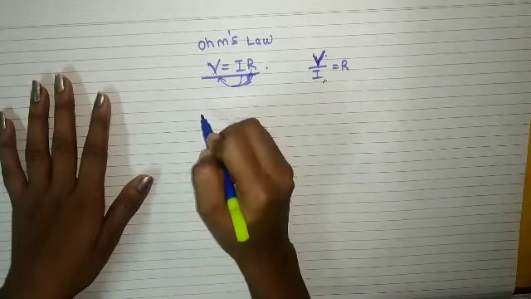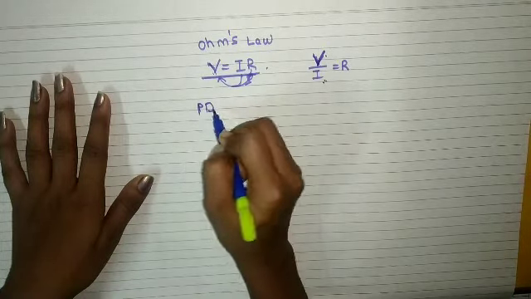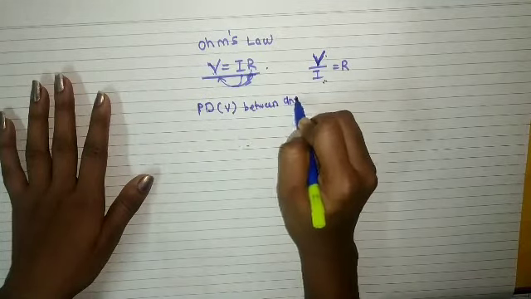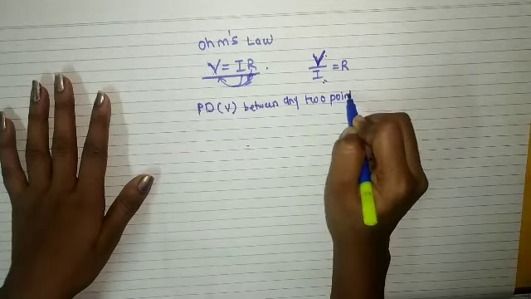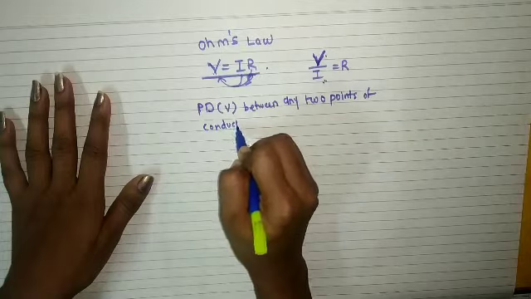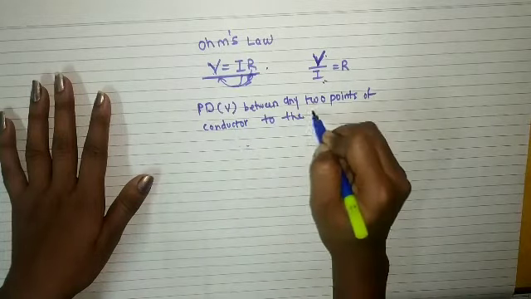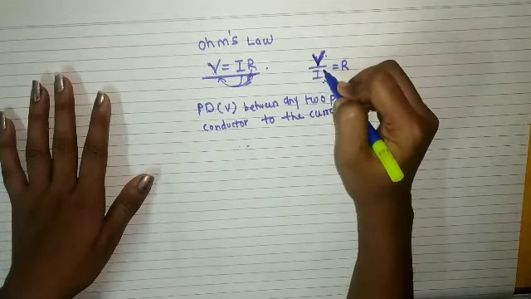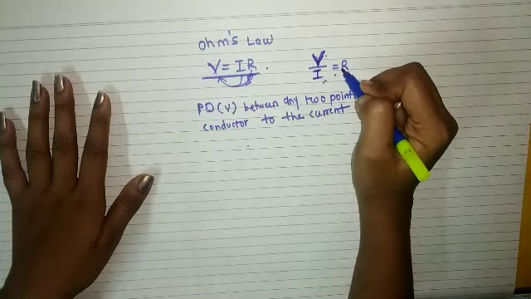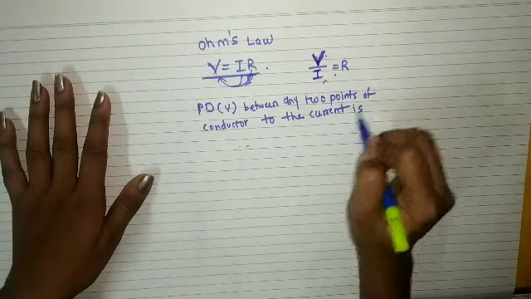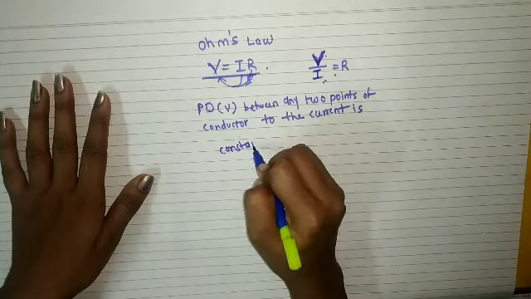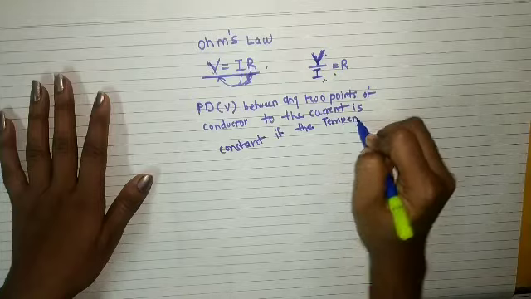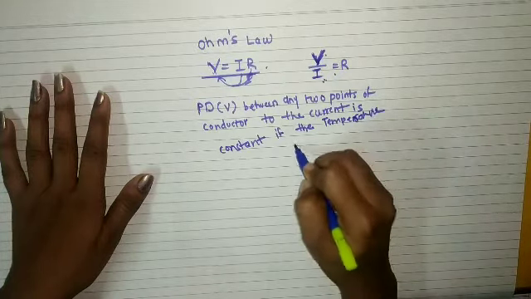It says that potential difference or voltage between any two points of a conductor to the current, that means the ratio of potential difference and current, is constant if the temperature is constant.